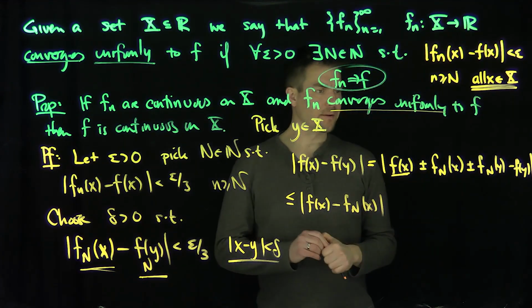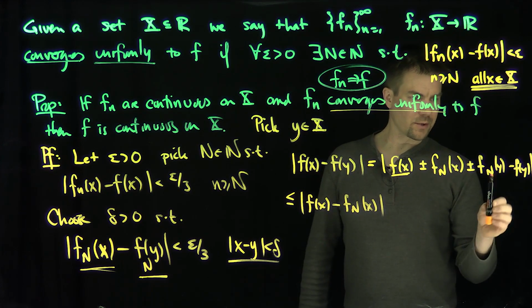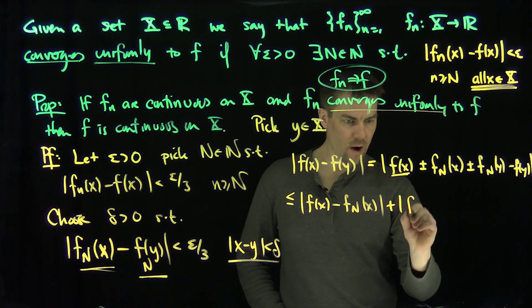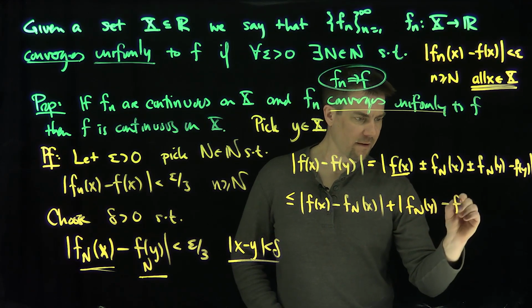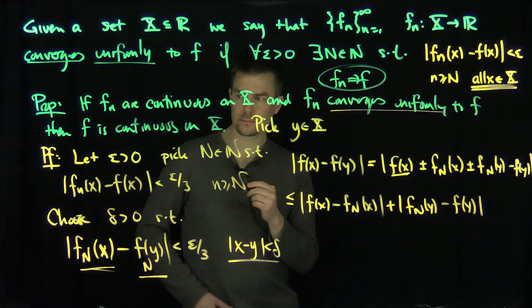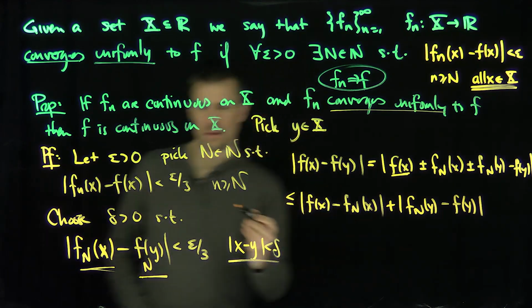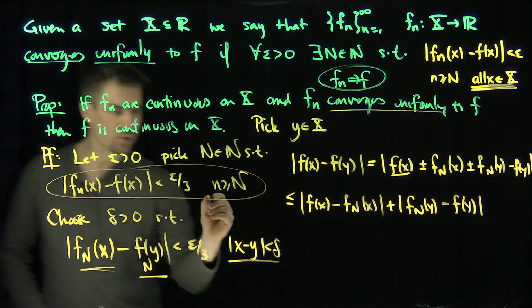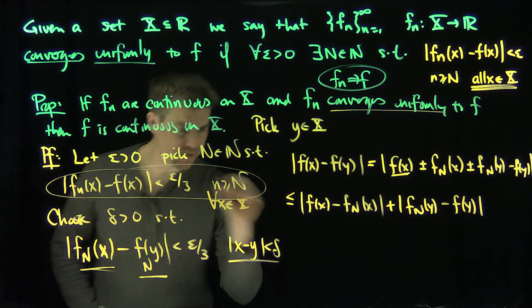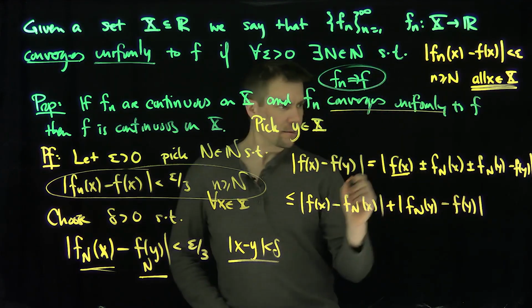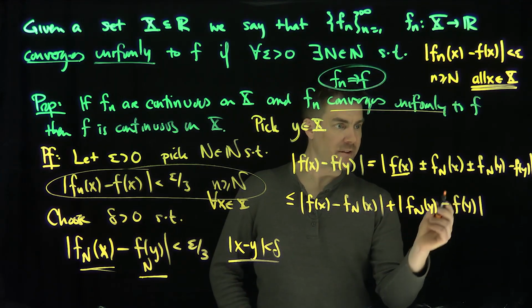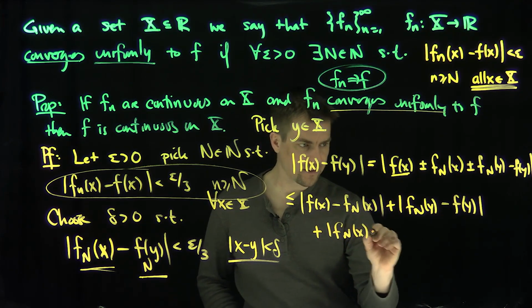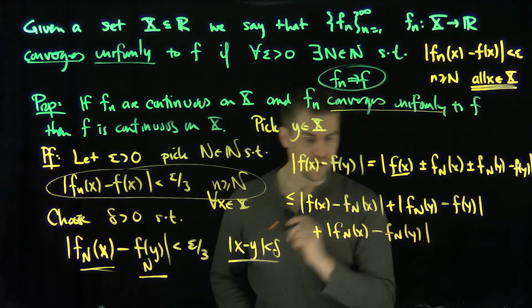Then I'm going to get F_N(y) minus f(y), and remember that by our uniform convergence, this is true for all x in X. And the final term is just what I have left: F_N(x) minus F_N(y). I have these three terms over here.